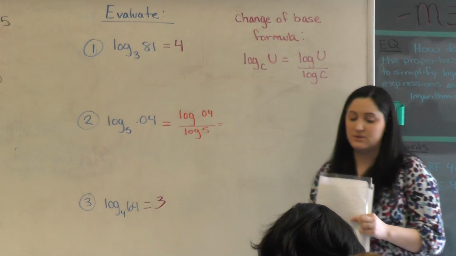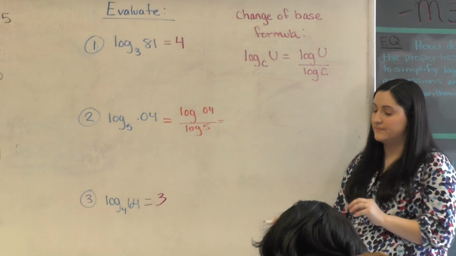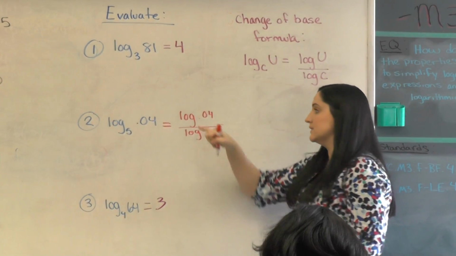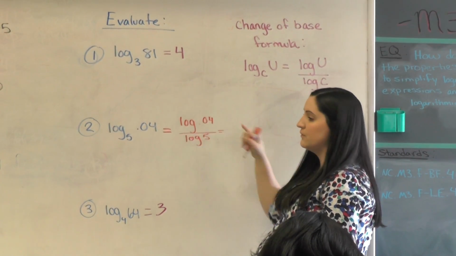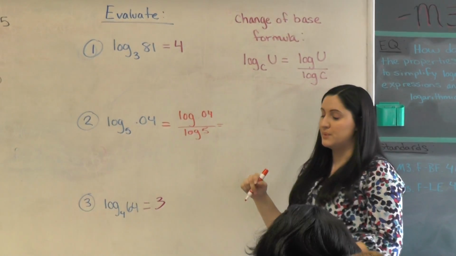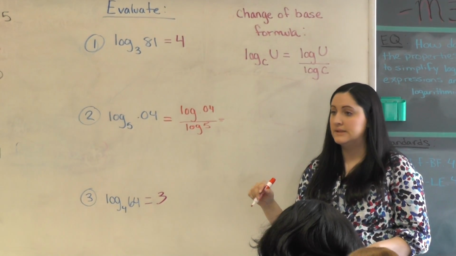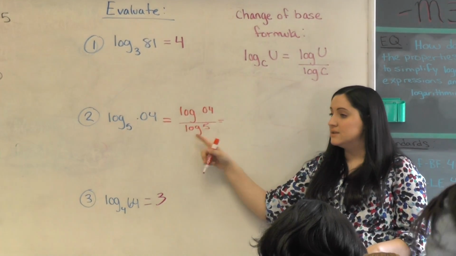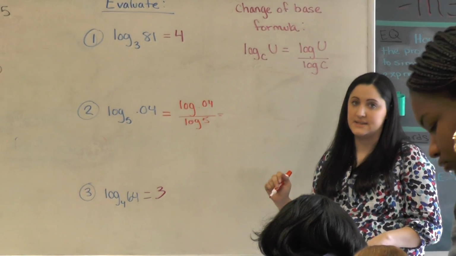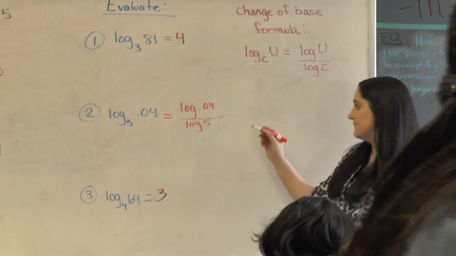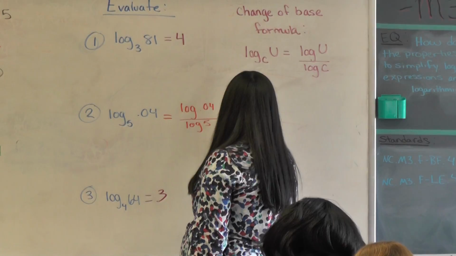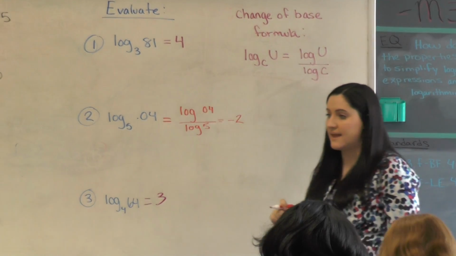So everybody should be able to do that in their calculators. Type in log 0.04, close your parentheses, divided by log 5, close your parentheses. Negative 2. Anybody not get that?